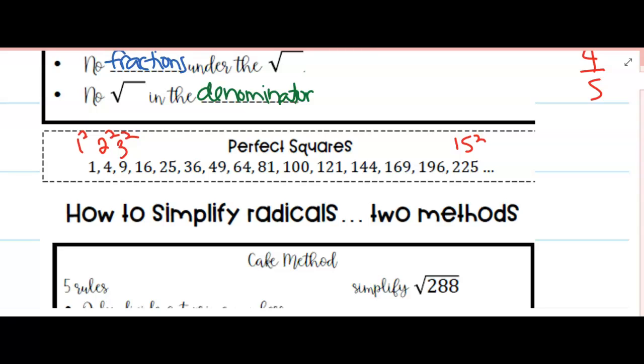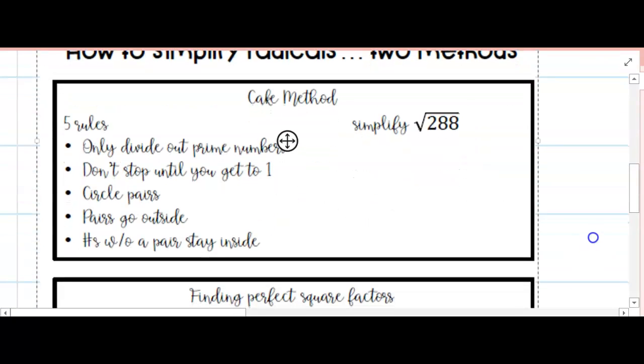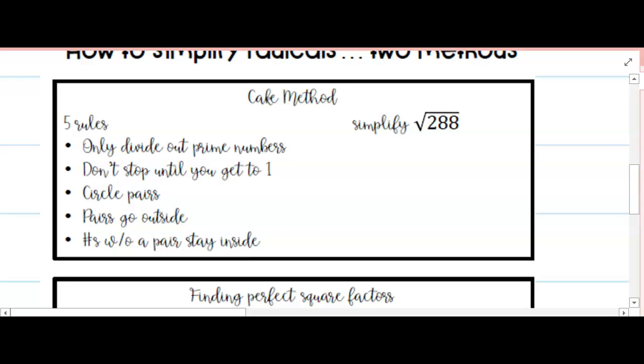So basically, if the number under the radical sign can be divided by any of these numbers, it's not in simplest form. Part of what we're doing today is just recognizing whether it's in simplest form or not. But another big part is knowing how to simplify it if it is not in simplest form.